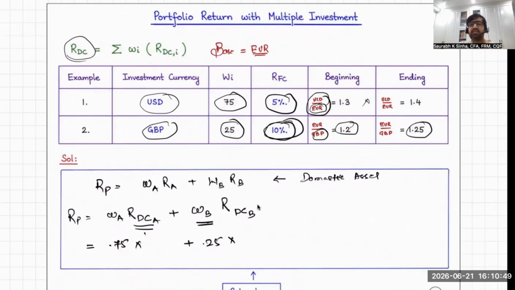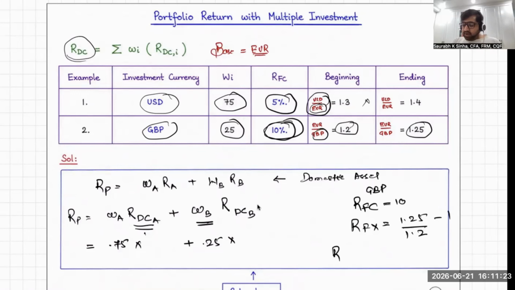Because RFC is given. The foreign asset has increased in value by 10%. So RFC for GBP is 10%. RFX is 1.25 upon 1.2. I can directly use it. So which gives me the value of 1.25 divided by 1.2, that is 4.166%.